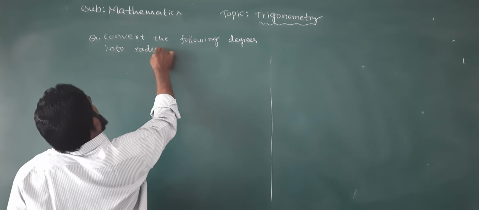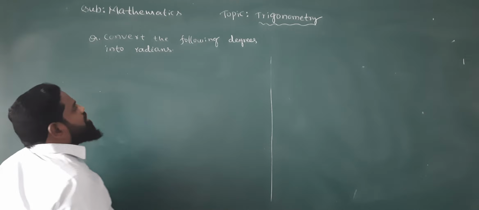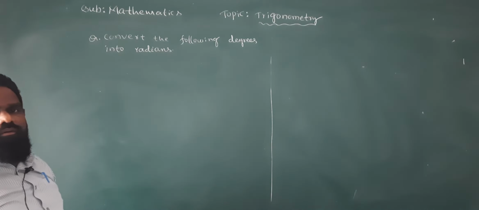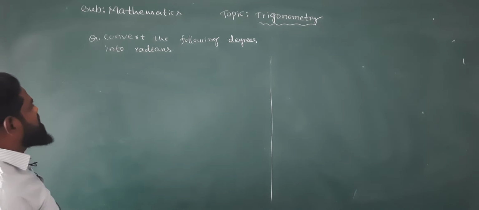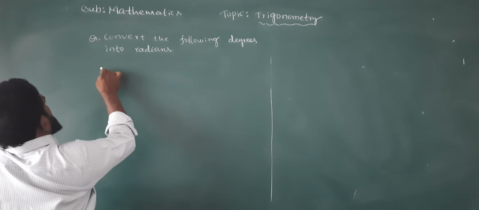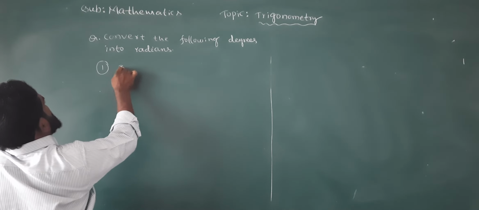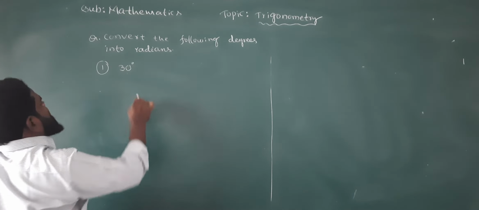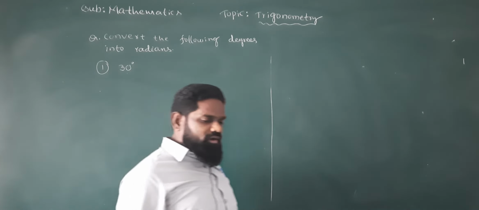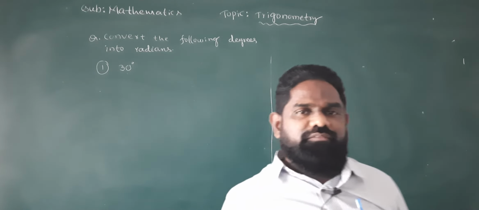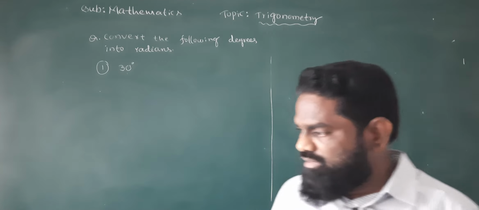Convert the following degrees into radians. Understand the question? First question is, let us see how do we convert 30 degrees into radians.